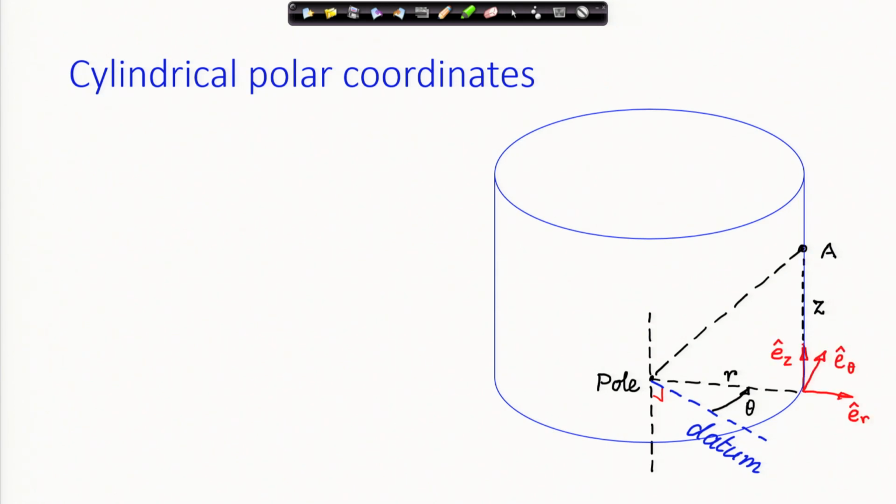Therefore we have these unit vectors er cap, e theta cap and ez cap. The directions are chosen such that er cap is along the radial line away from the pole, e theta cap is in the direction of increasing theta, and ez cap is such that ez is er cross e theta.